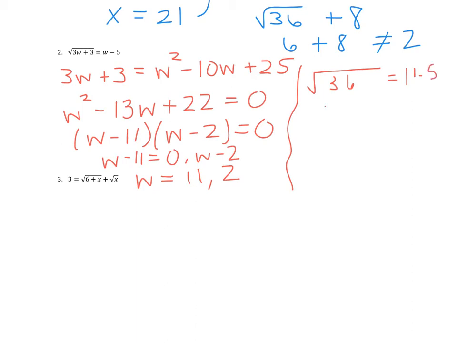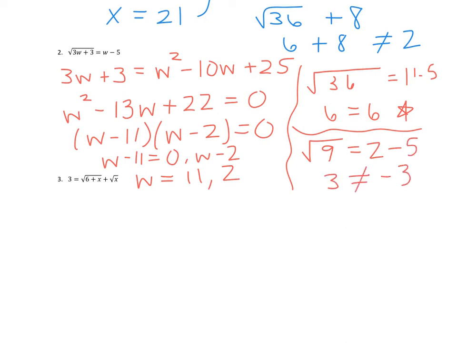And the answer is yes. All right, and then let's check 2. When we plug in w equals 2, 3 times 2 is 6, plus 3 is 9. And does that equal 2 minus 5? It does not. 3 does not equal negative 3. So our solution is just w equals 11.